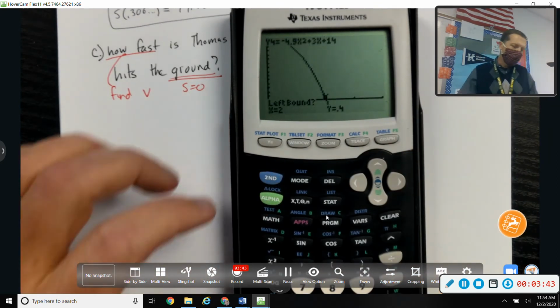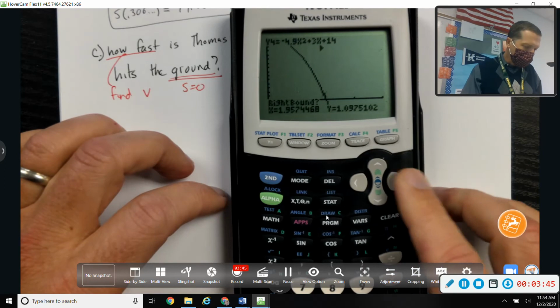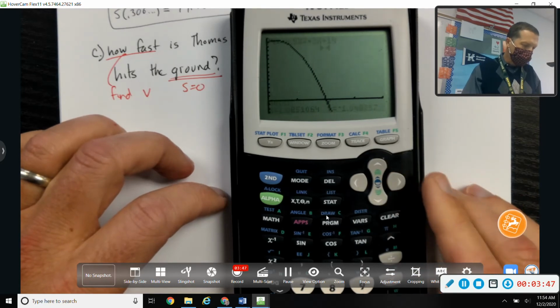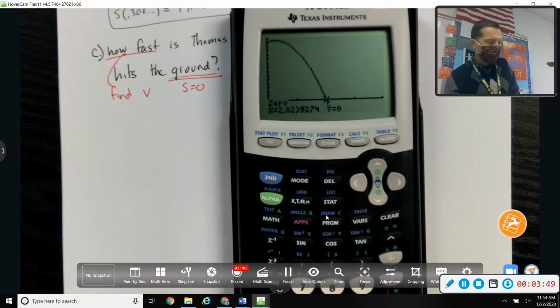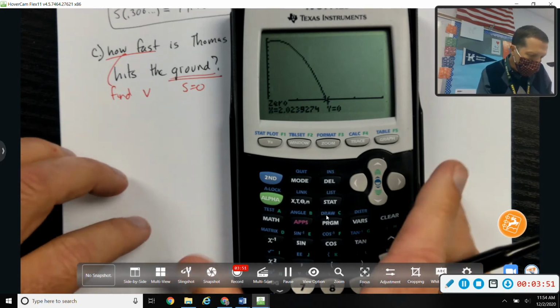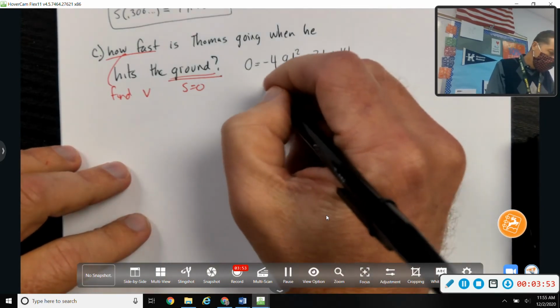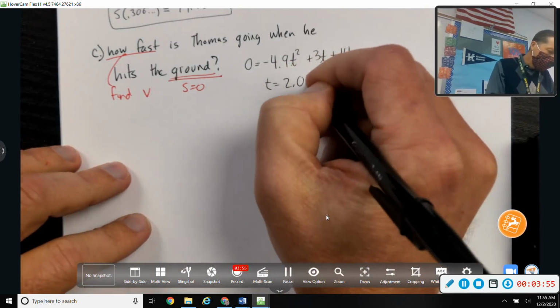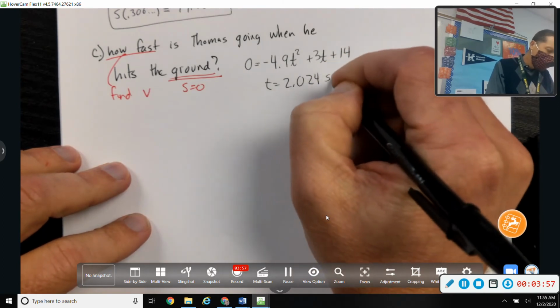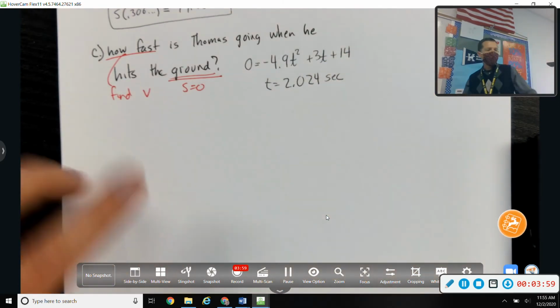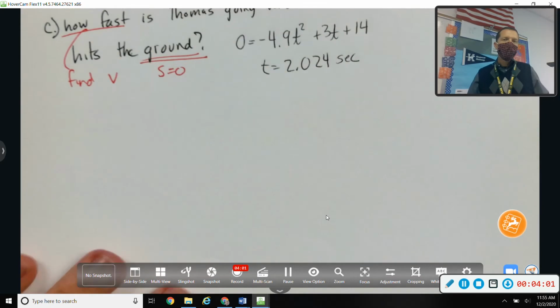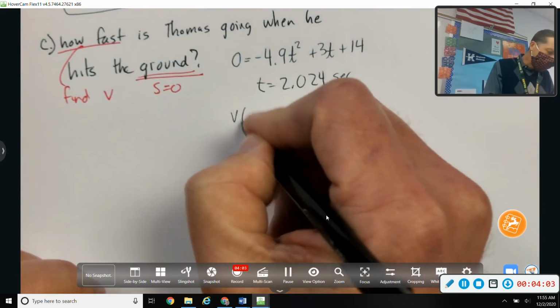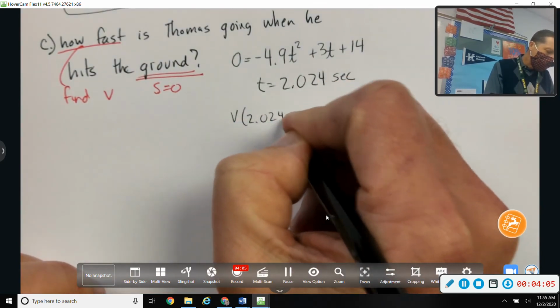Find a zero. So left bound, right bound, guess. So at time 2.024, that's the time when he hits the ground. And we want to know the velocity at that time.